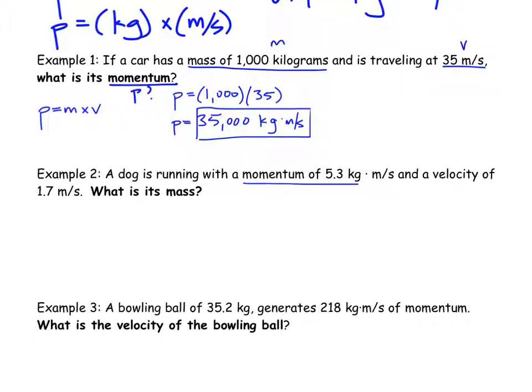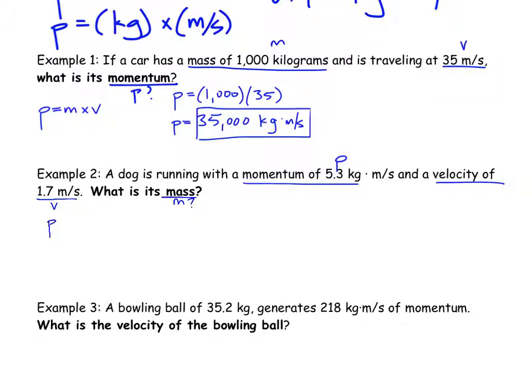And I know that's momentum not only because it says so here, but because my units are kilograms times meters per second. This is a unit for momentum. So my symbol will be p. And then it tells me it's got a velocity of 1.7. So this is v. I want to know what the mass is, so I'm solving for m.